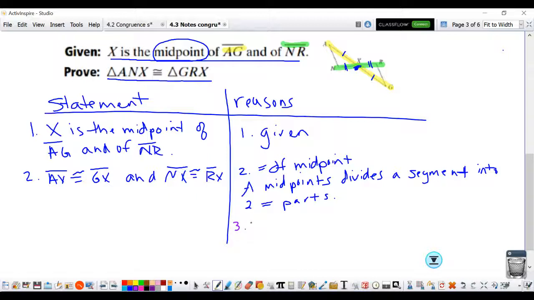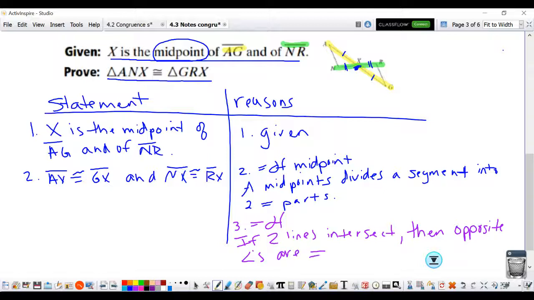When you have two lines that intersect, write this as an if-then statement. If two lines intersect, which we have, the yellow and the green line intersect, then opposite angles are congruent.